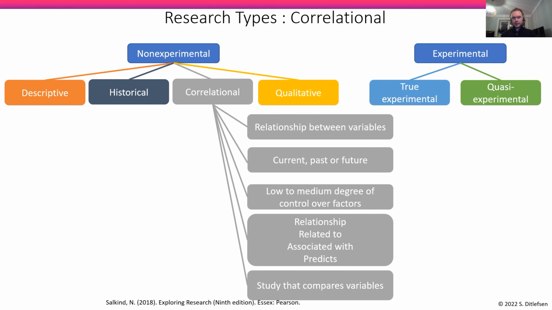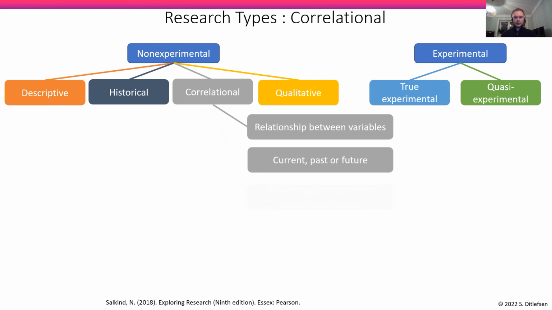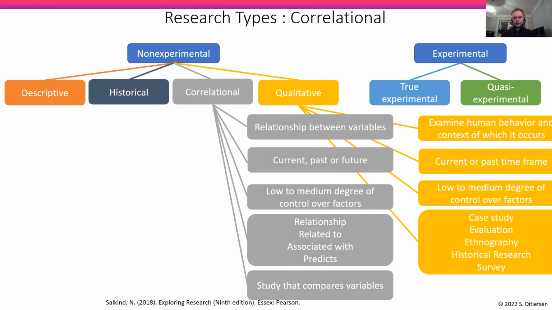Okay, let's go back. Correlation, relationship between variables. Current or past or future. Low to medium degree of control of factors. Related to, associated with, predicts. It's the study that compares variables, while qualitative examines humans' behaviors and the context in which they occur. It doesn't examine variables.